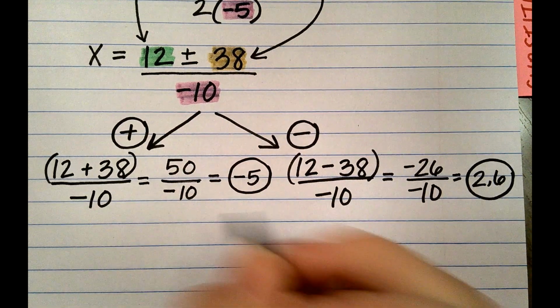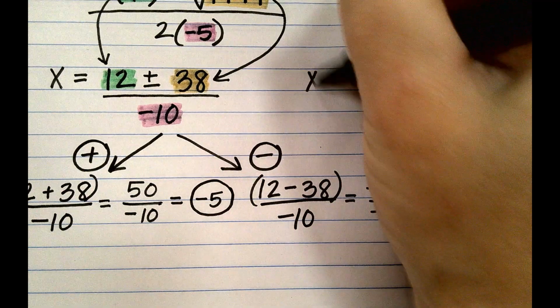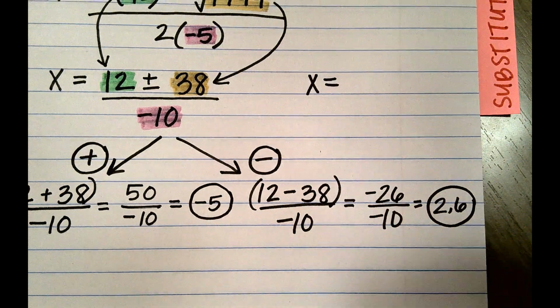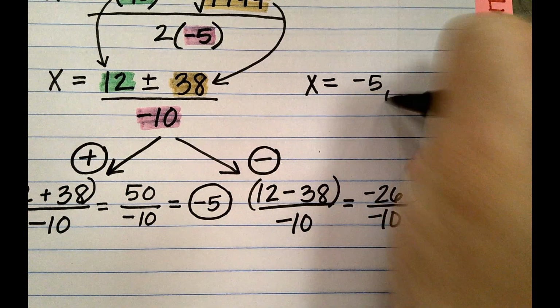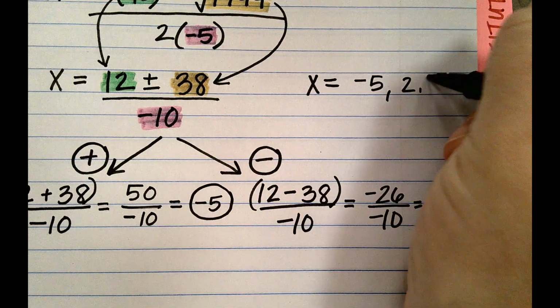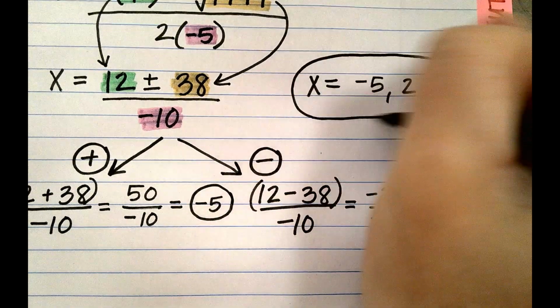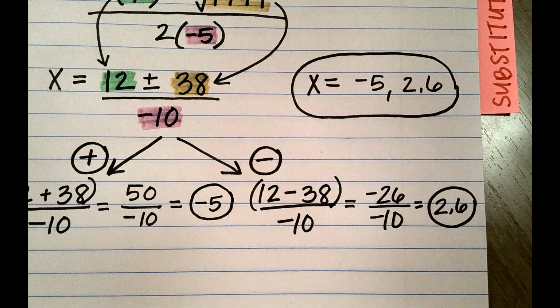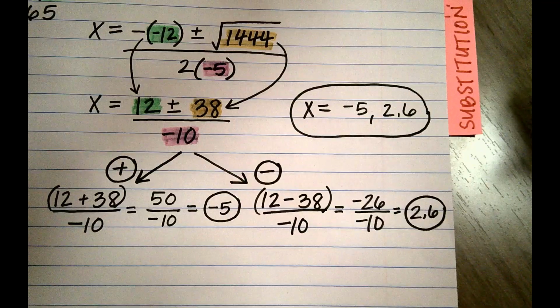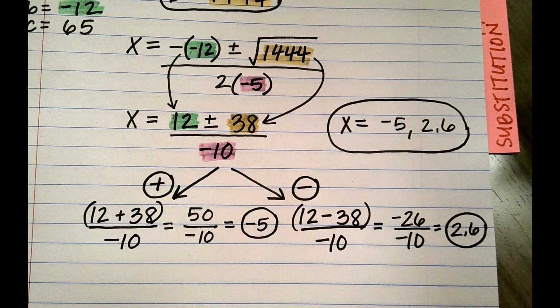So your answers are x equals -5 and 2.6. 2 answers. There's 2 answers for x. And I'm going to show you why there's 2 answers for x.